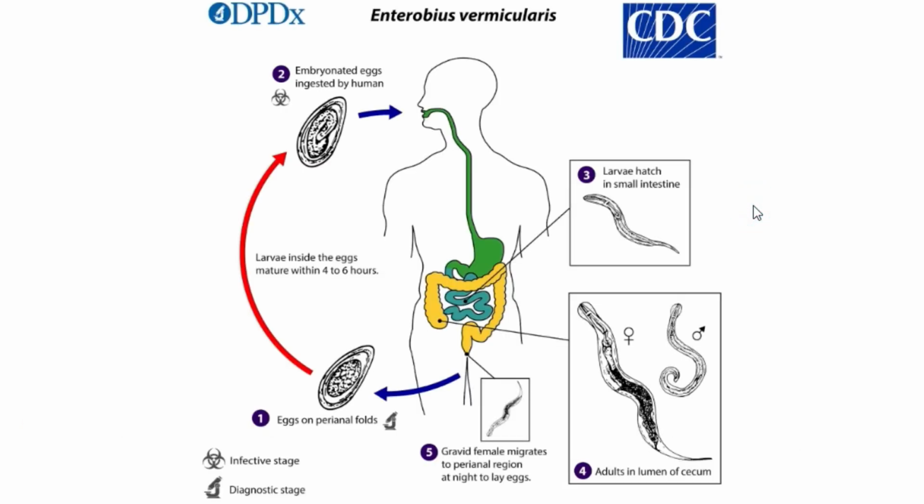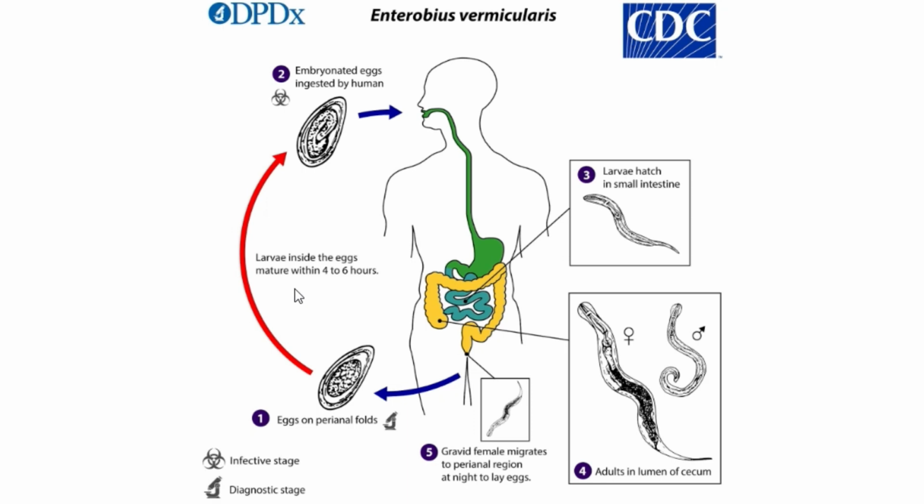So for the life cycle of the Enterobius vermicularis, again, our infective stage here is the embryonated egg. So eggs on the perianal fold, yung butas ng puwet po yun. So larvae inside the eggs mature within 4 to 6 hours. Yun po yung rationale behind kung bakit kailangan sa umaga.